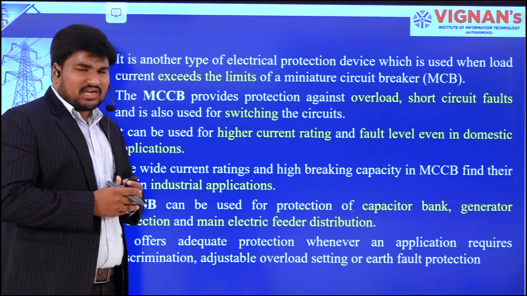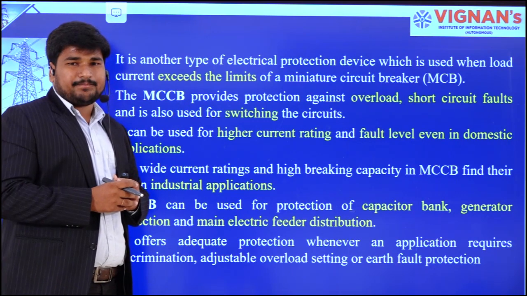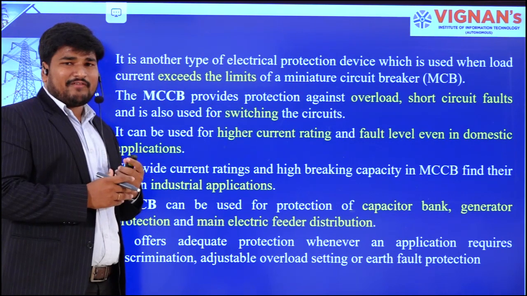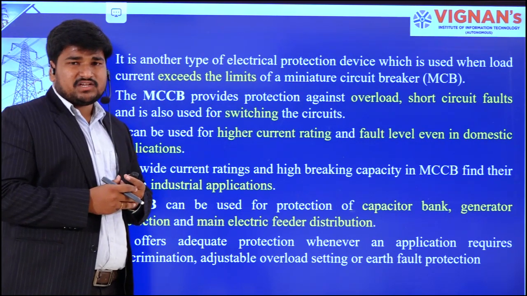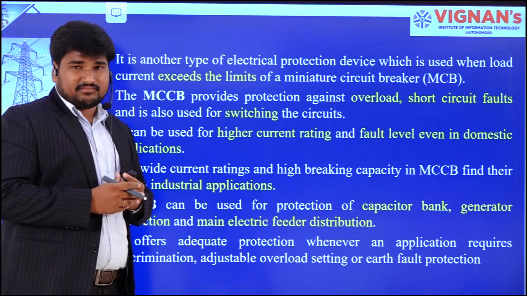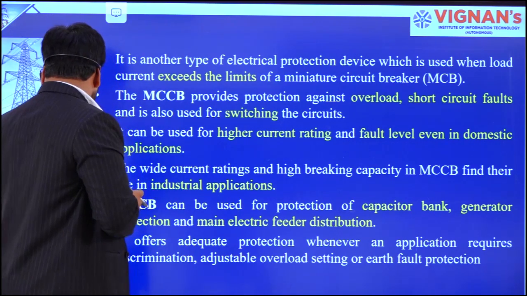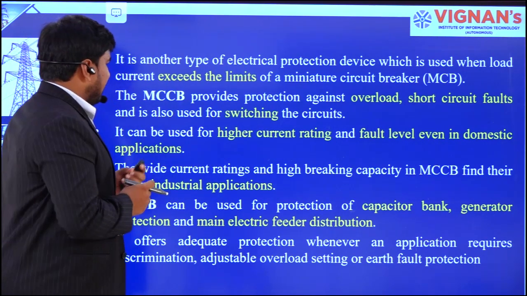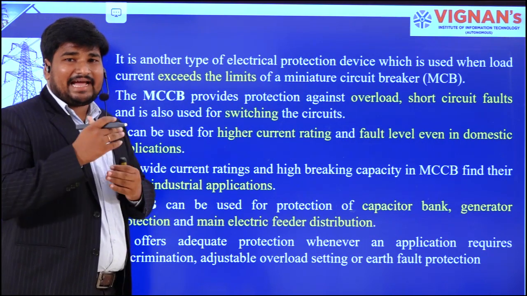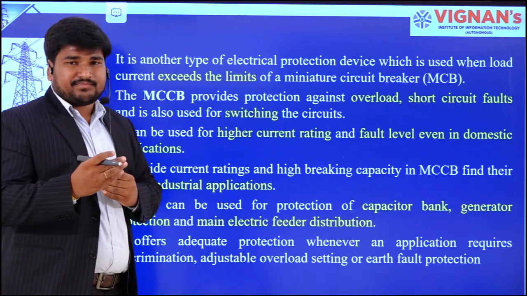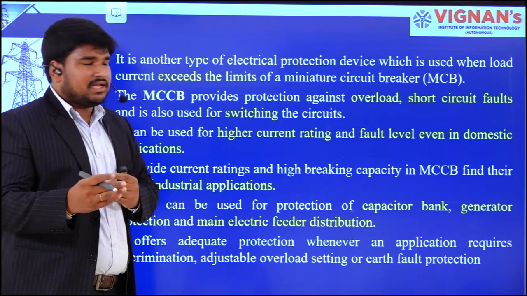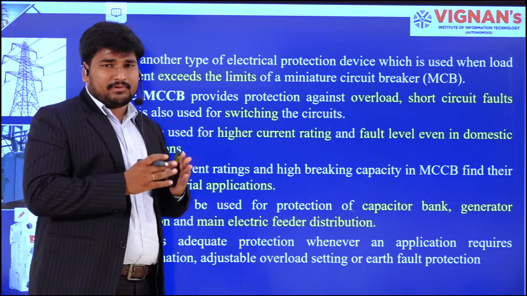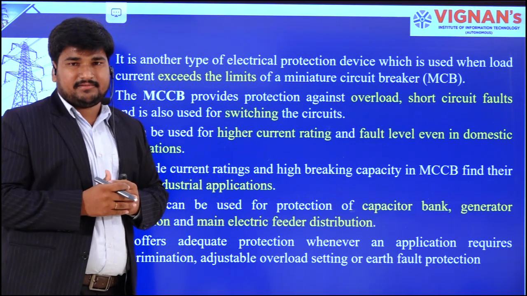Now this is also another type of protection system which will provide overloading protection as well as short circuit protection, right? Now the basic principle is whenever the current exceeds the limits, it will give a trip signal and the circuit will be open circuited, right?